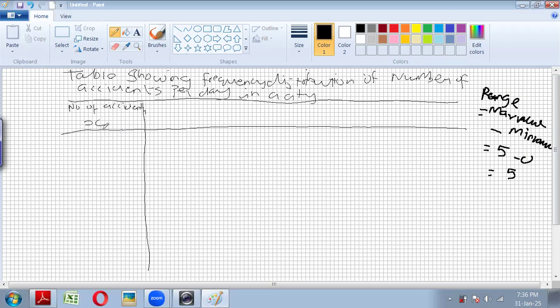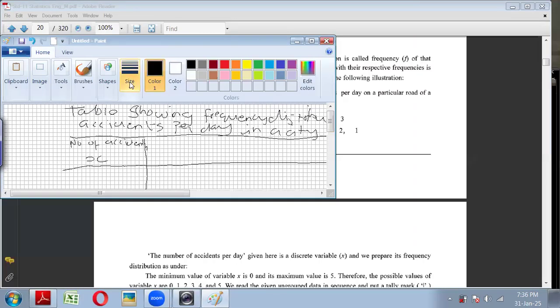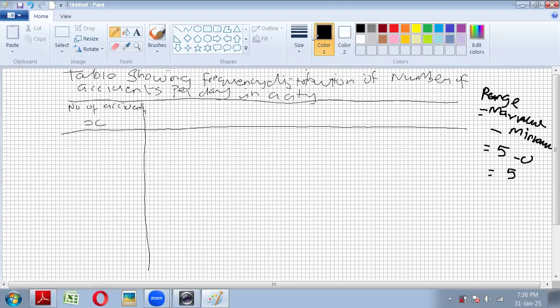So basically here you see, let me put the size to chip. So here we will start with 0, 1, 2, 3, 4, and 5. Okay, so this is how you show the number of accidents x.